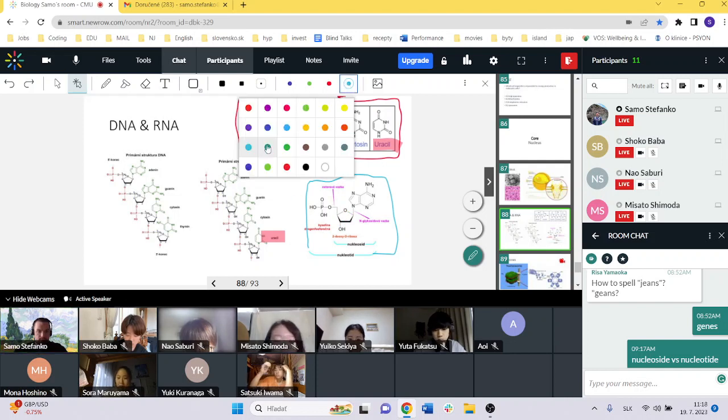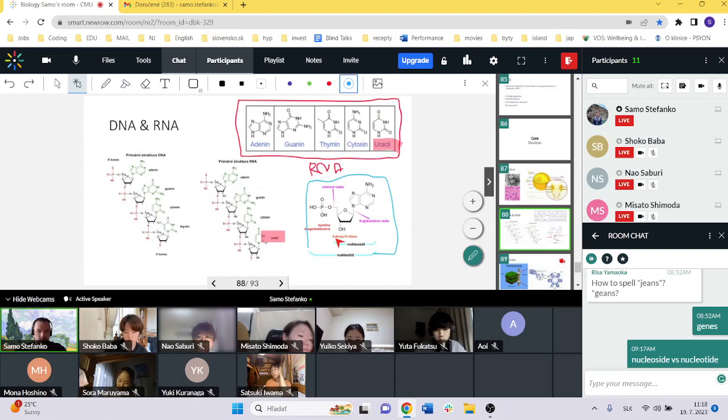But nucleoside is without a phosphate group, okay? So it comprises only a sugar and base. Sugar and base is nucleoside.